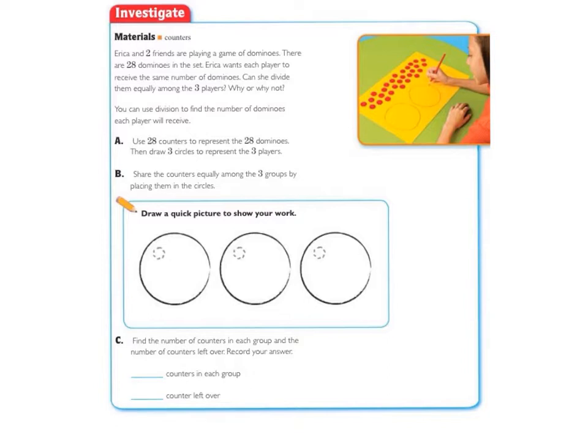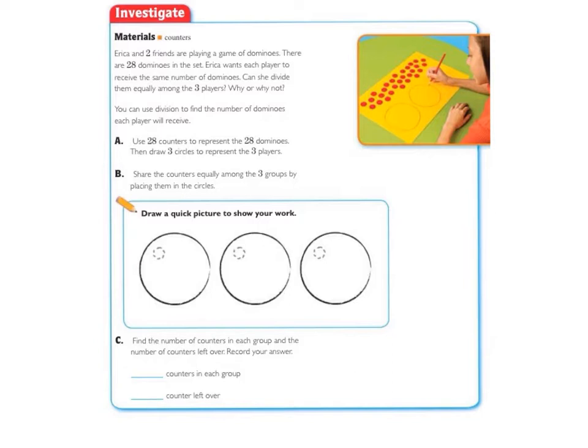So we're going to divide 28 counters, or we're just going to draw them, and then we're going to have 3 circles to represent the 3 players. And to share them equally, we're just going to take turns going from circle to circle to circle until we get to 28.